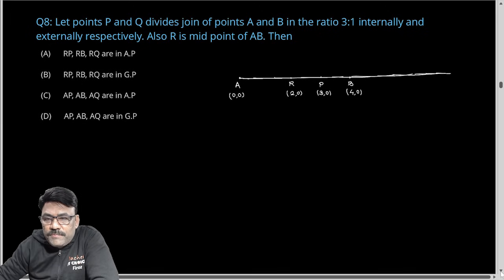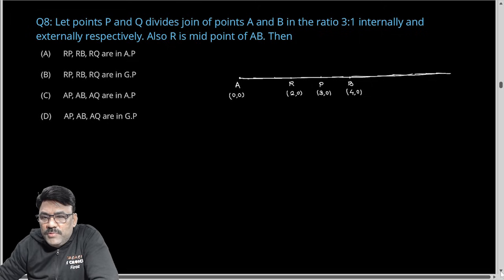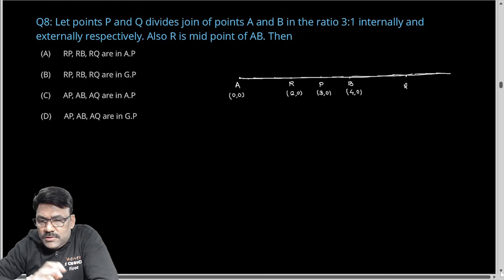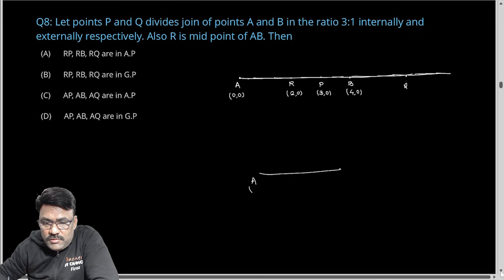And Q is dividing externally in the ratio 3:1. So that means if I take AQ as 3, then QB will be 1. So let's say Q is here. And since Q is dividing AB externally in the ratio 3:1, you can say this is A (0, 0), B (4, 0).